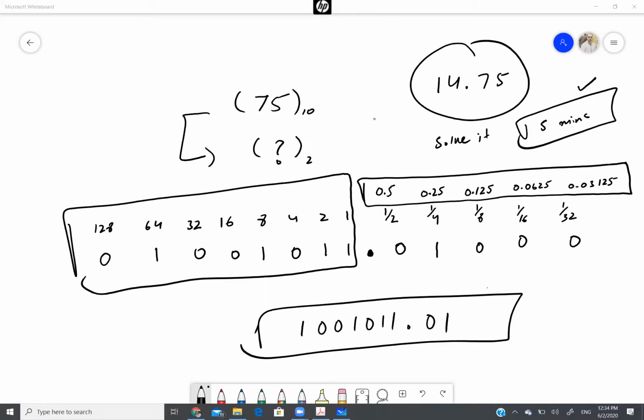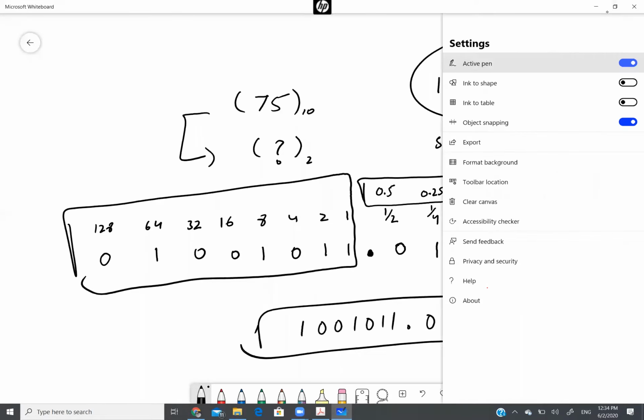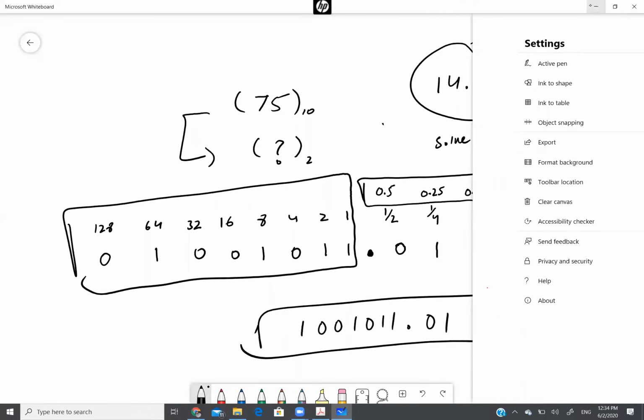Okay, the decimal portion, let me go over this once again. After this I'll give you more questions. Let's do this in a minute. Meanwhile, if you already know how to do it, solve it, those who understood.